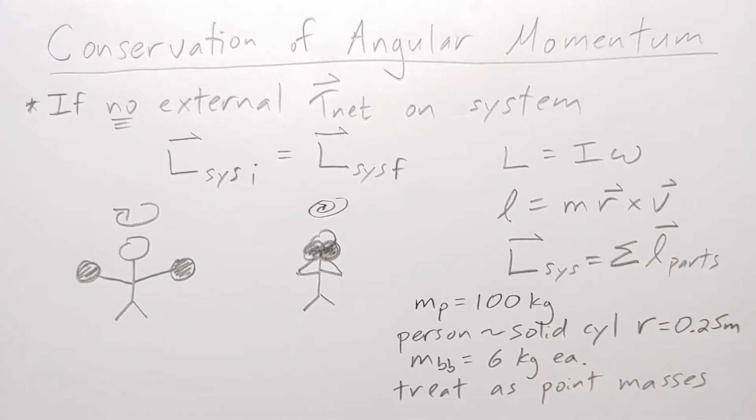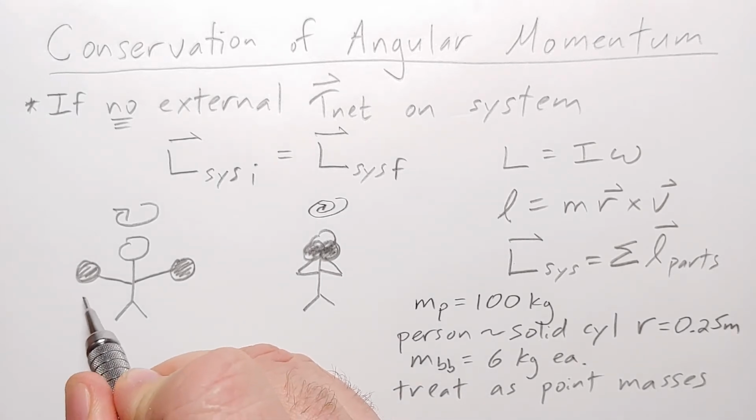Which obviously they aren't, but the alternative is that we have to treat them as solid spheres and then use the parallel axis theorem. Since they're relatively far out from the axis of rotation, though, it's not a horrible approximation to just pretend they're point masses, just like pretending that a human body is roughly cylindrical.